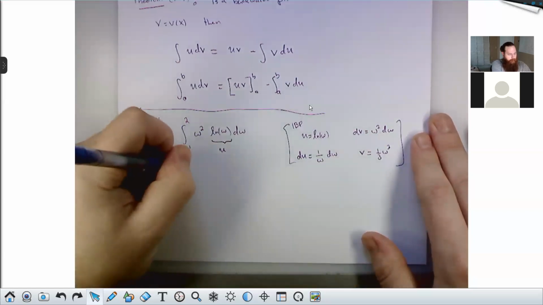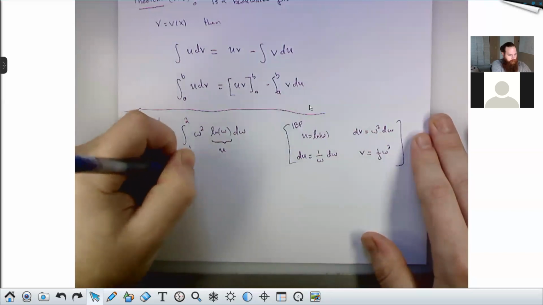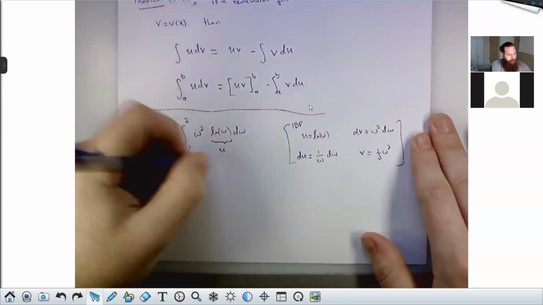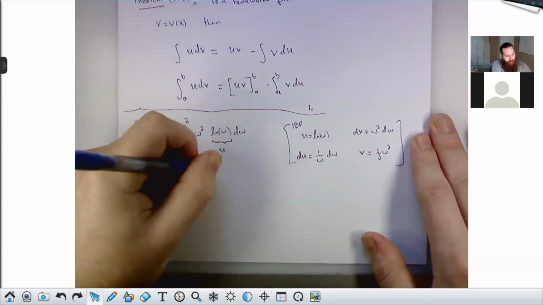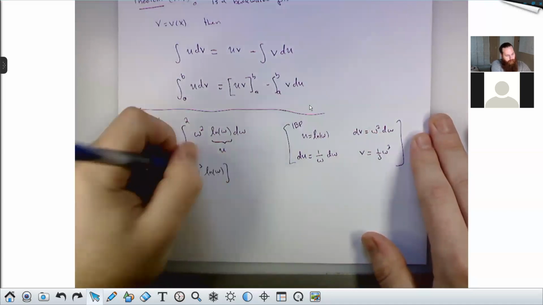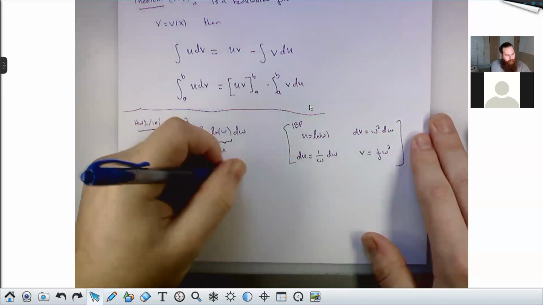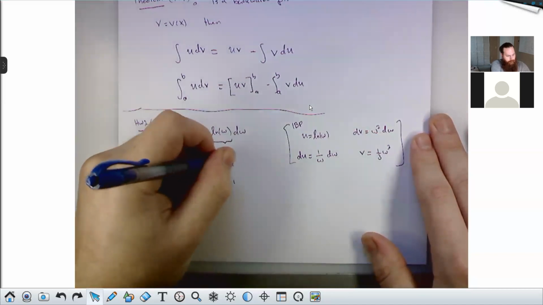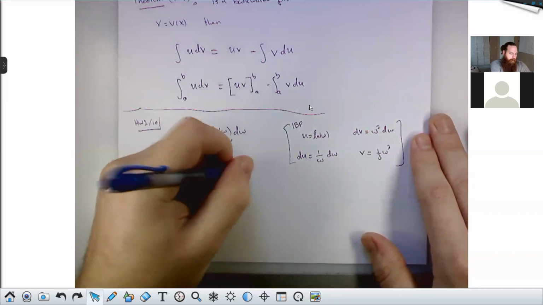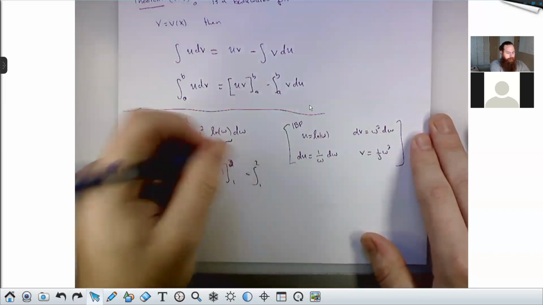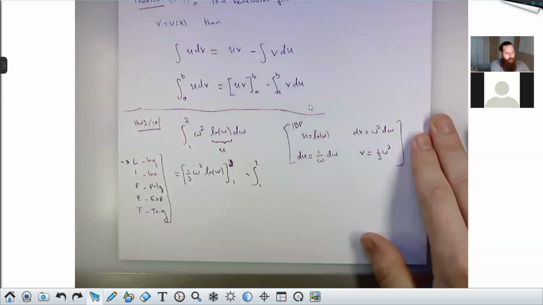I'm going to write the polynomial piece out front because it just looks nicer. Evaluated between bounds, don't forget this. Oh, 1 to 2, sorry. Minus the integral from 1 to 2 of v du.